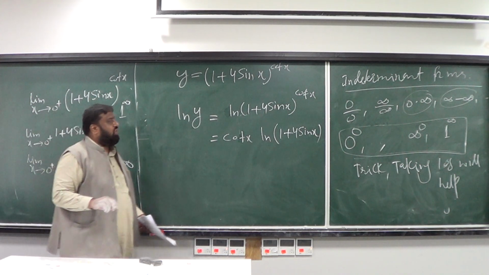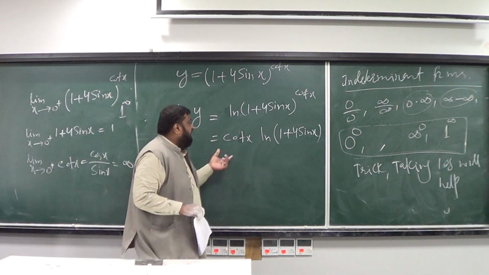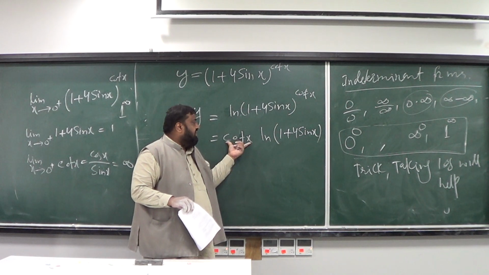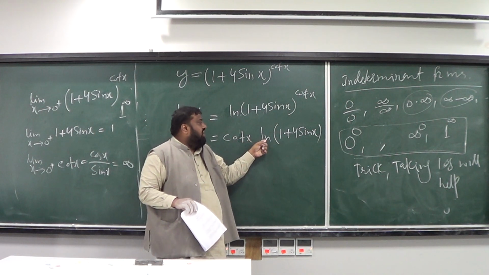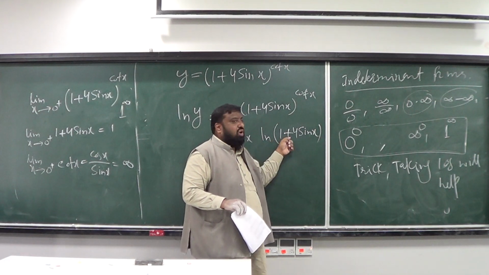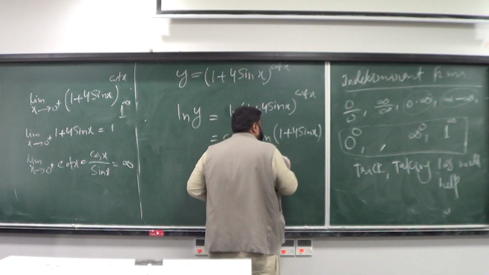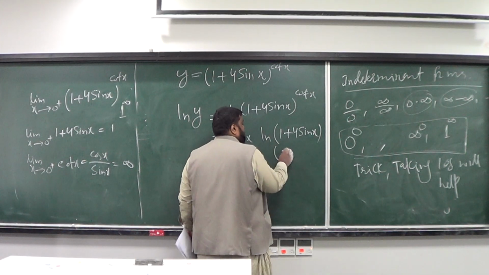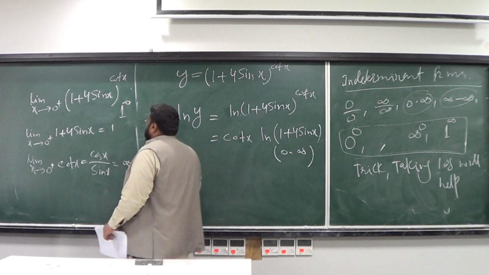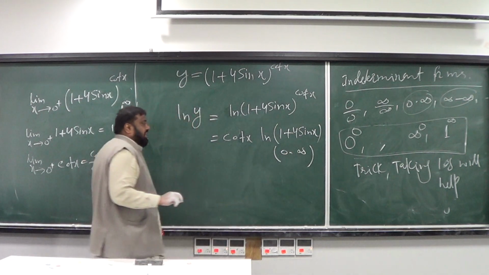Now see what you get if you take the limit as x goes to 0. This will become infinity, and log of 1 plus 0 is going to be log 1. So now the form is 0 multiplied by infinity. So we converted our 1 power infinity form into the 0 multiplied by infinity form.